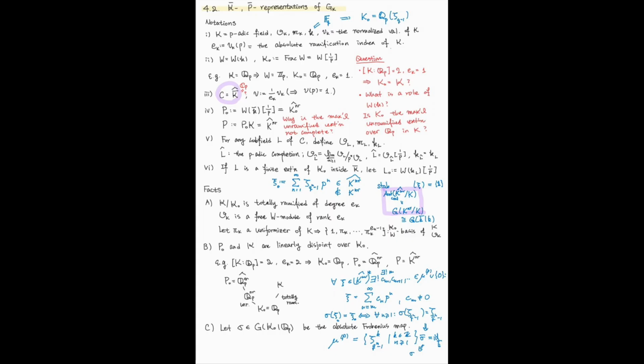Okay. And why is the maximal unramified extension not complete? There was actually a homework problem about this, right? If you take a sequence of roots of unity, where the orders of those roots of unity tend to infinity, and the orders are not divisible by p, and then you consider the series of these zeta_n.